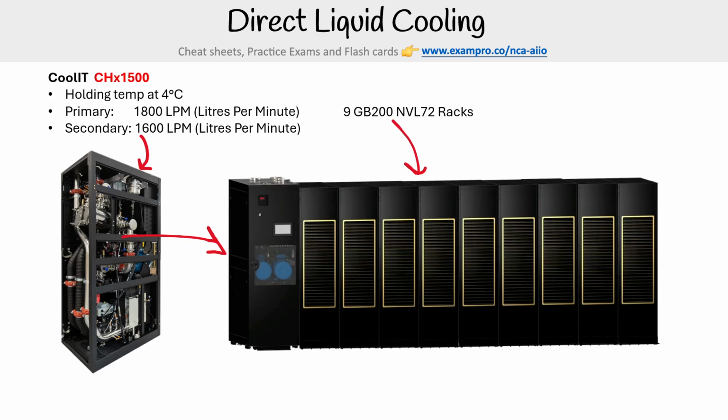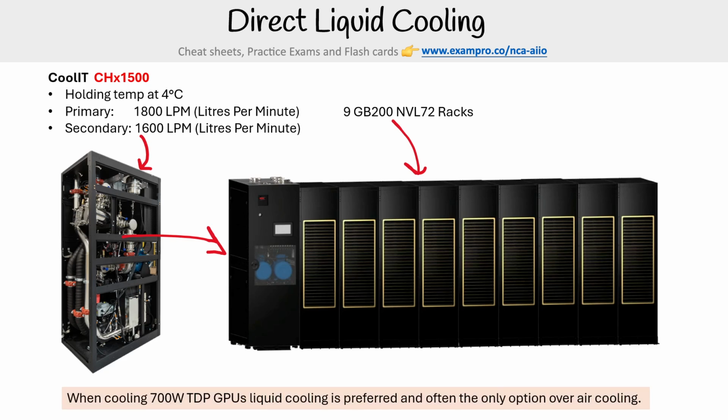Here you can see that it can cool quite a few machines. So here we have a 72 rack, 72 graphics cards, those Grace Blackwell graphics cards. So a lot of graphics cards there that it can cool. So very expensive system, but obviously very, very capable.